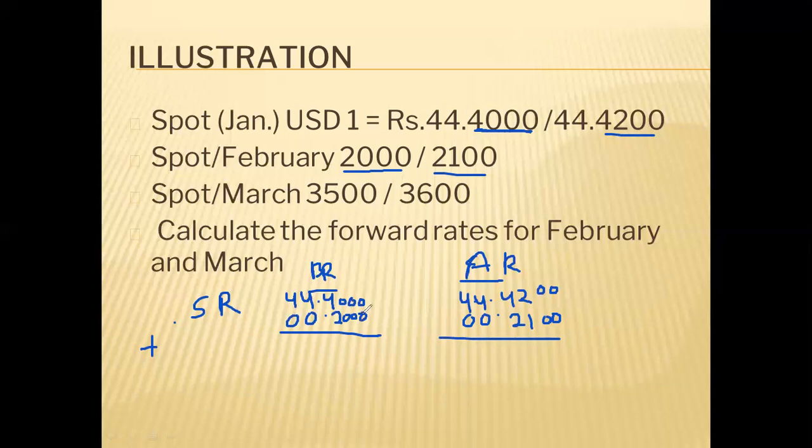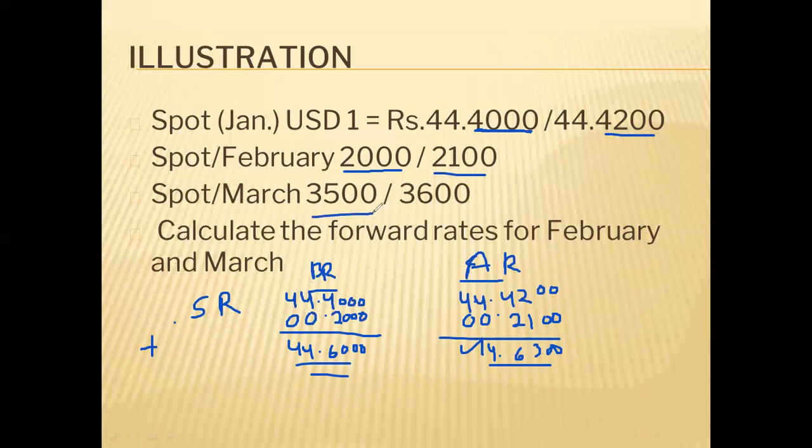So February, how we can calculate, it will become 44.6000, no? And this also you can do: 44.6300. So February bid rate will be 44.6000 and ask rate will become 44.6300.